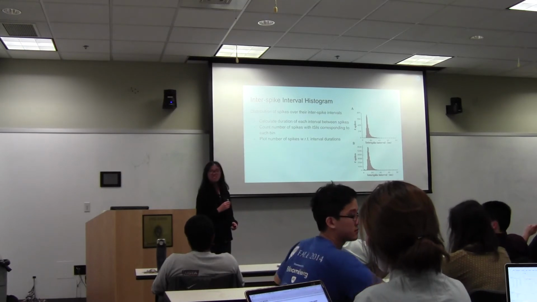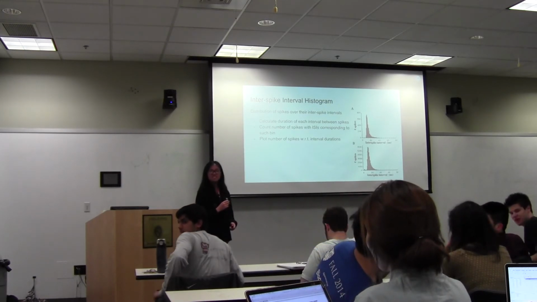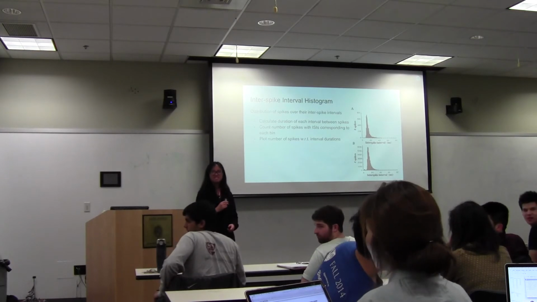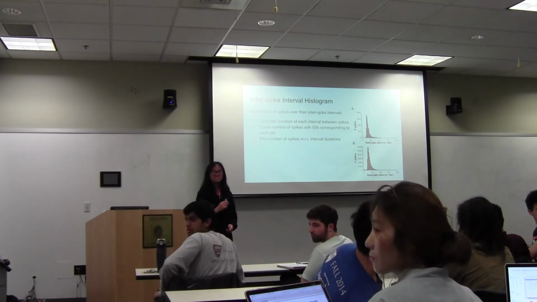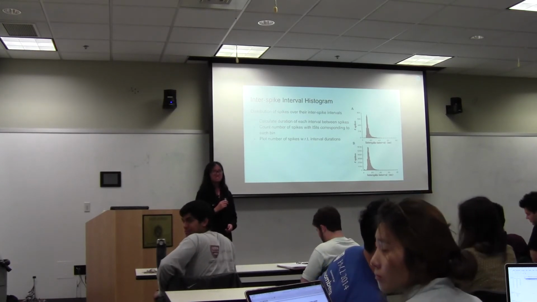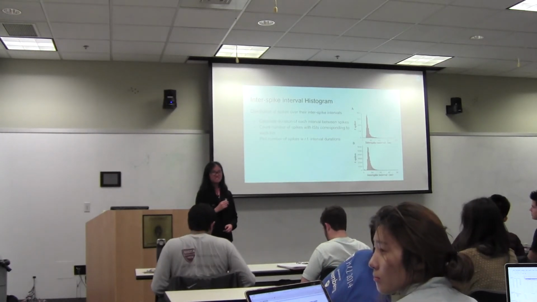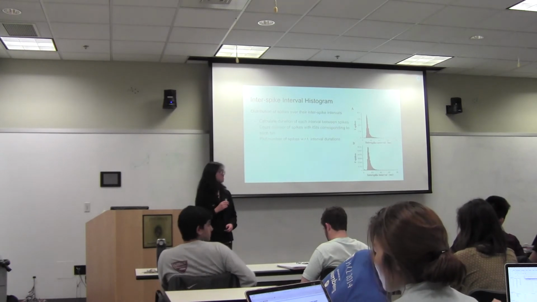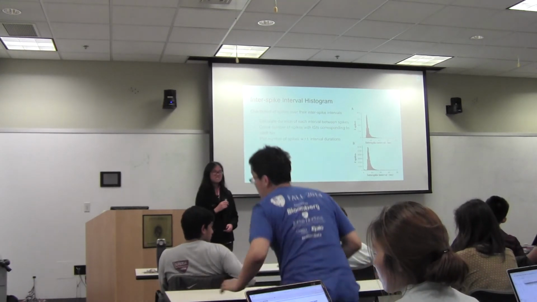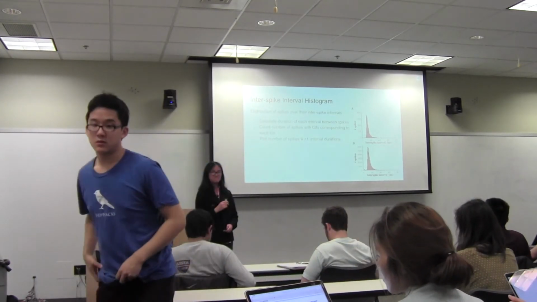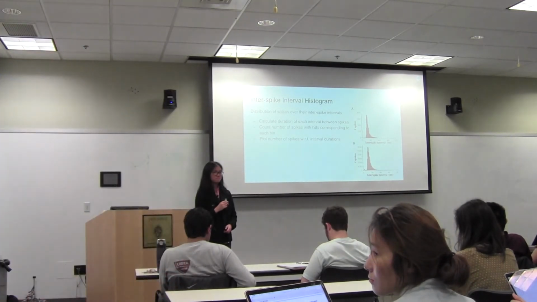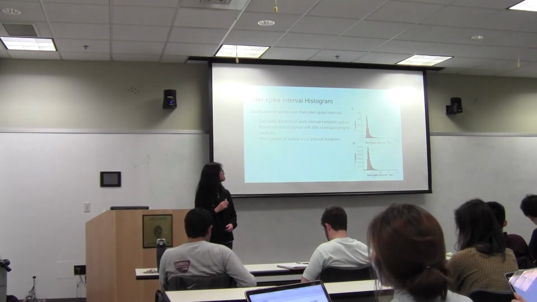I think you're thinking right. You could think of it as the number of spikes, or sets of spikes, that take on that interval. So you could think number of instances, number of occurrences, and things like that.